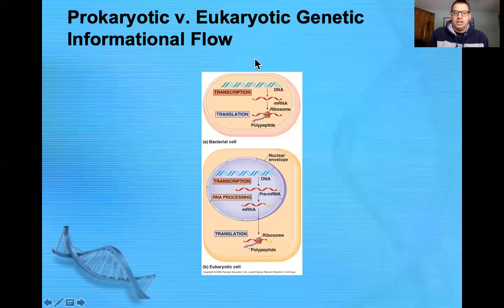Okay, so let's take a quick look here at the flow of information by comparing a prokaryotic cell to a eukaryotic cell here. In prokaryotic cells that don't have a nucleus, all of protein synthesis takes place in the cytoplasm. The DNA is floating around in the cytoplasm, technically in an area called the nucleoid region.